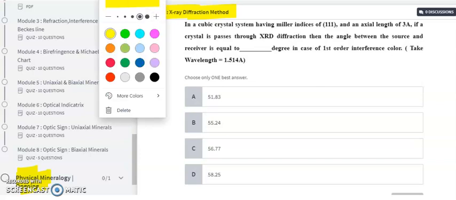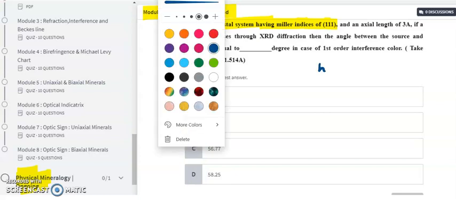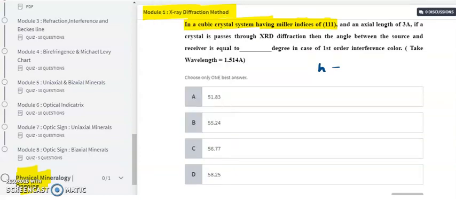In this question it is asked that in a cubic crystal having Miller indices 111, so H is equal to 1, K is also equal to 1, and L is also equal to 1, and the axial length is given to us as 3A. So the value of A is given to us as 3 Angstrom.